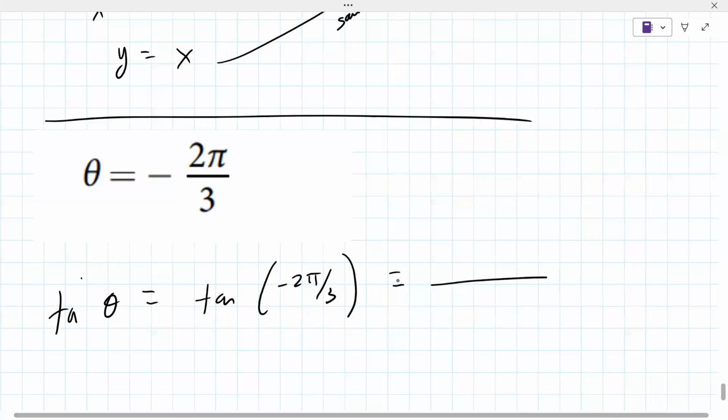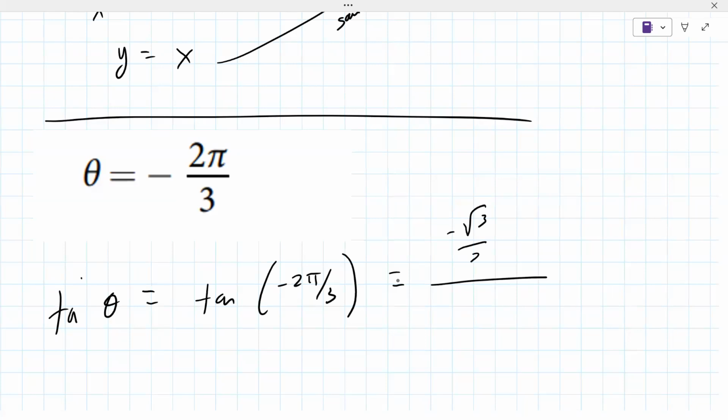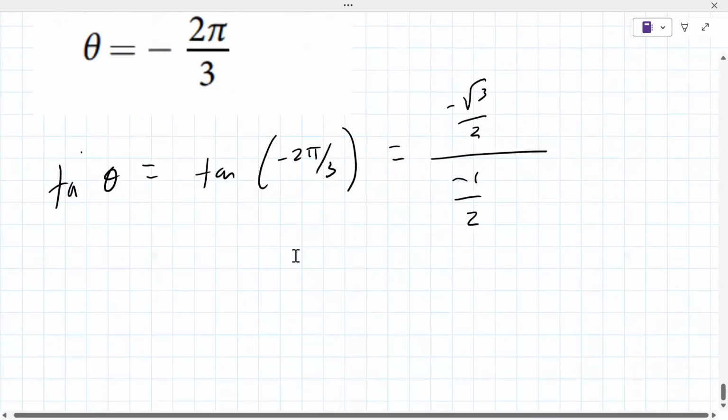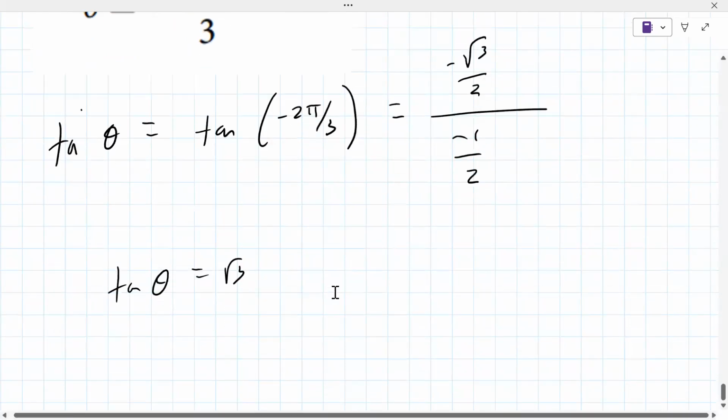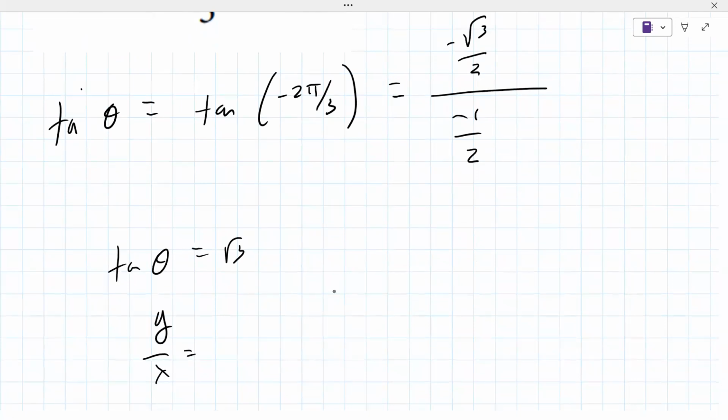It'd be minus square root of 3 over 2 over minus 1/2. Do you have something like that down? Yeah. Okay, what does that reduce to? What cancels? 2√3/2, which equals √3. So the tangent of theta is √3. Tangent of theta is really y over x. So y equals x times √3.